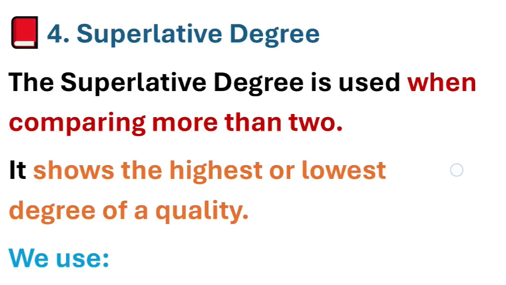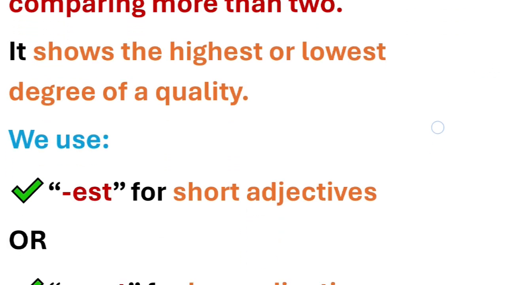The next is superlative degree. What is it? Superlative degree is used when comparing more than two. Remember, in comparative we use two, but in superlative the comparison is happening between more than two. It shows the highest or lowest degree of a quality. So the degree of quality will be either the highest or the lowest.